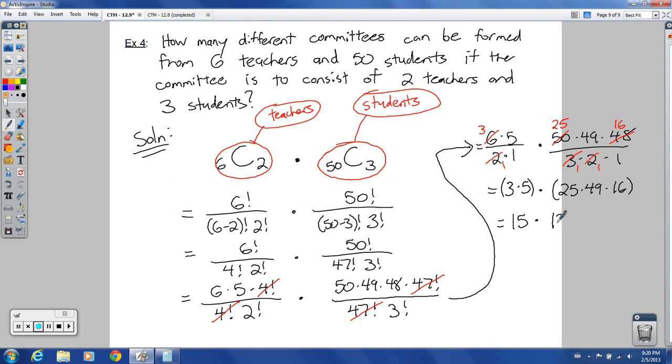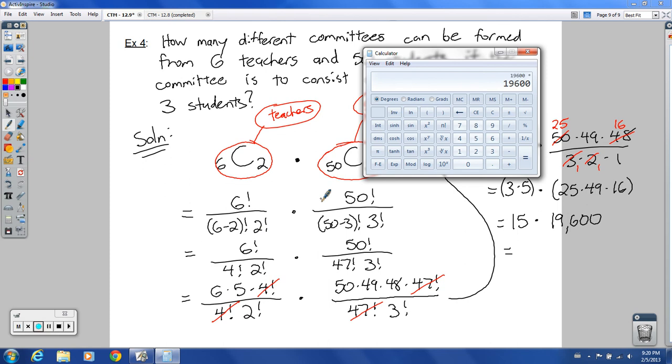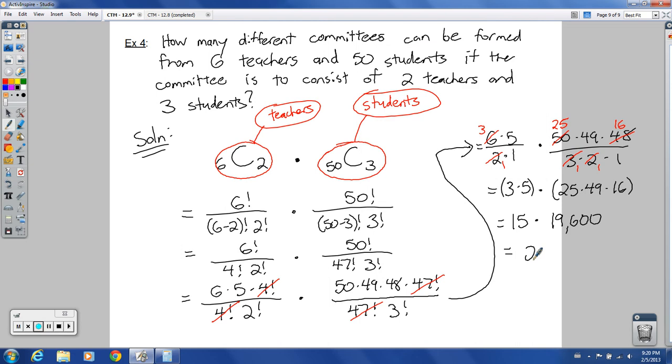So a lot more ways to pick the students than the teachers, which should be expected since there's 50 students to choose from. If we take that number times 15, we get 294,000 committees. Those are the number of possible committees if you pick 2 teachers and 3 students.